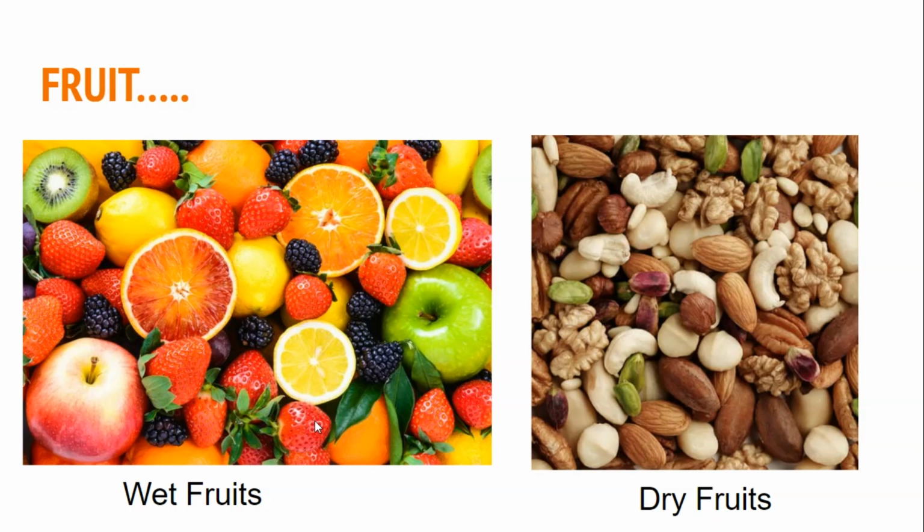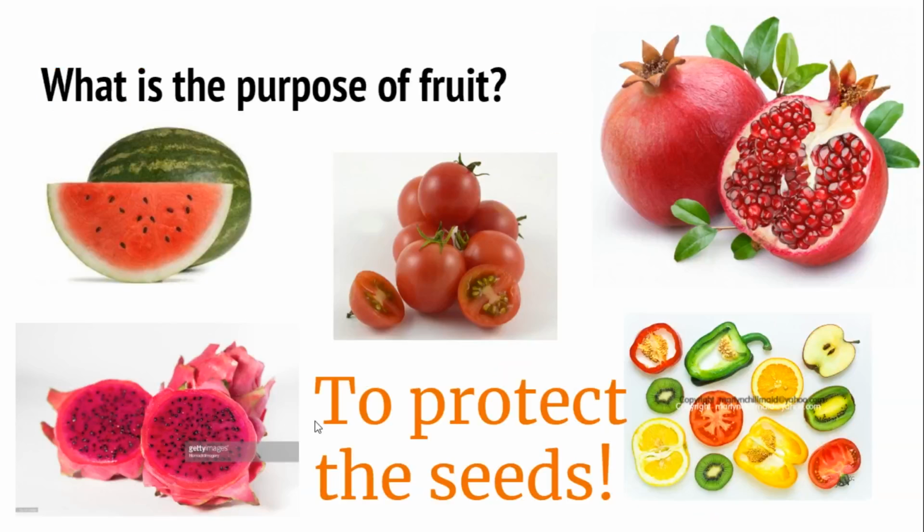Okay, so question number 9, what is the purpose of a fruit? So the purpose of the fruit is to protect the seeds that are growing inside. That is it. They are naturally tasting good and smelling good to attract animals to eat them so that their seeds get ingested.